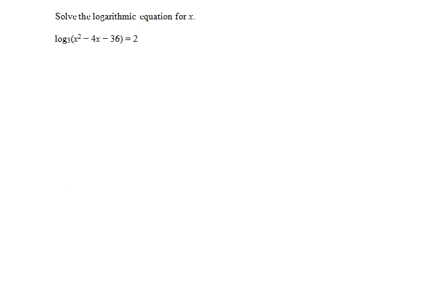Okay, so here we have log base 3 of the quantity x squared minus 4x minus 36 equals 2. Single logarithmic expression, which in exponential form is 3 squared equals x squared minus 4x minus 36. 3 squared is 9.